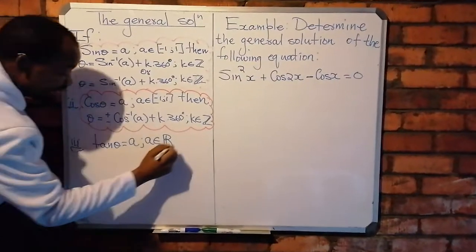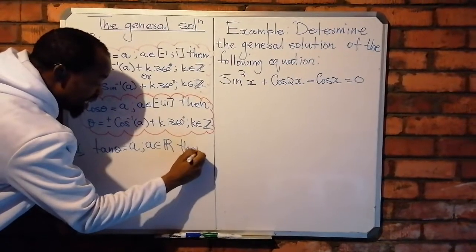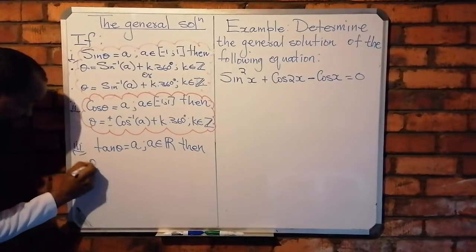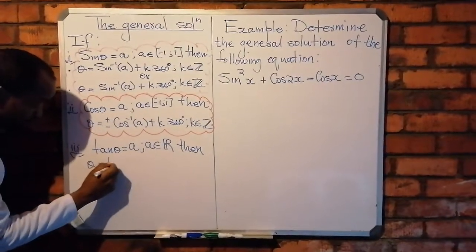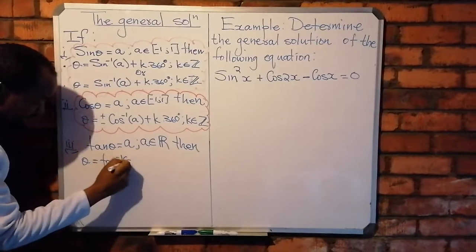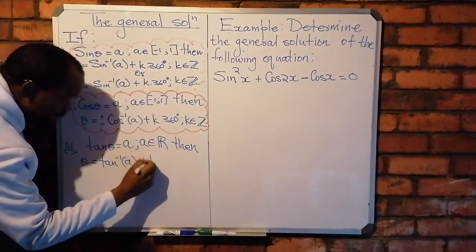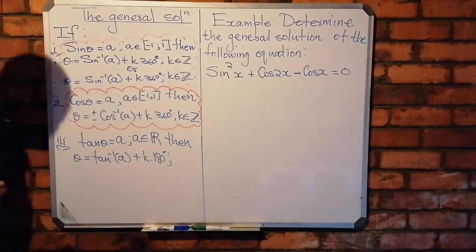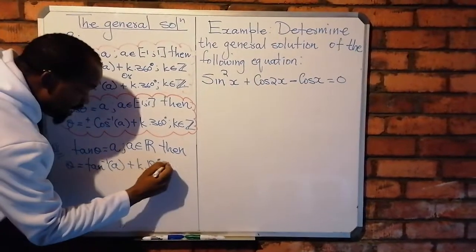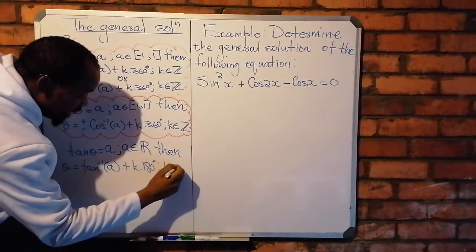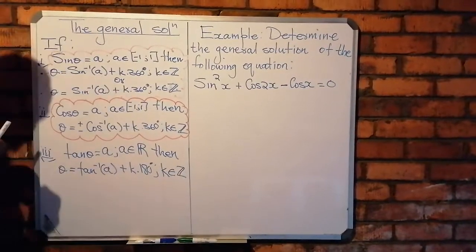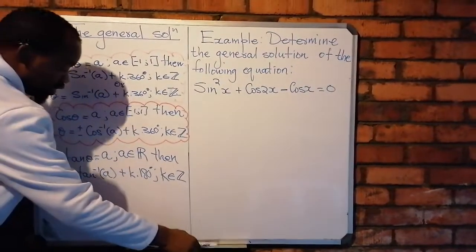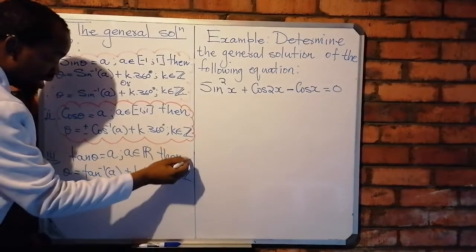Now, in this case, theta is equal to arc tan A plus k times 180 degrees, which is the period for tan, where k is an element of integers. Now, this is condition number 3.